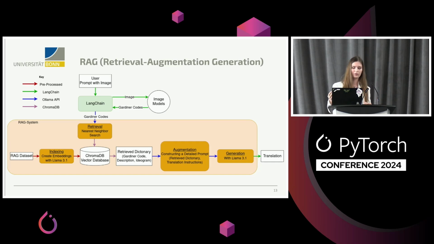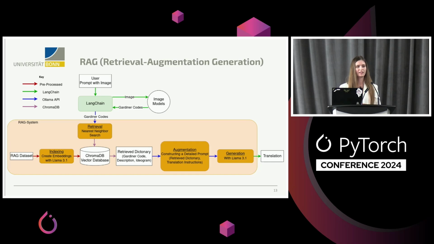The Gardiner codes from the image models are being passed to the retrieval, which generates embeddings for each Gardiner code and retrieves the matching information in the Chroma DB database. The retrieved data is being saved in a dictionary containing the Gardiner code, description, and ideogram.